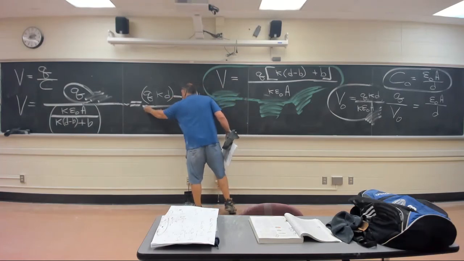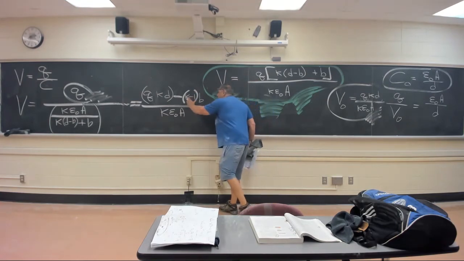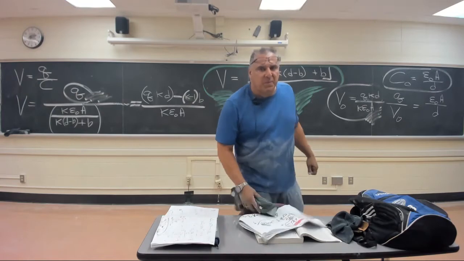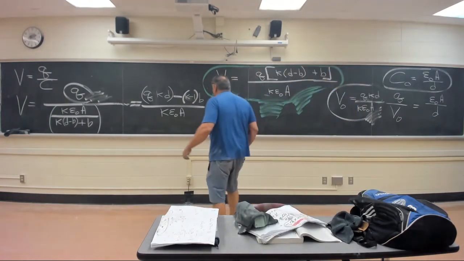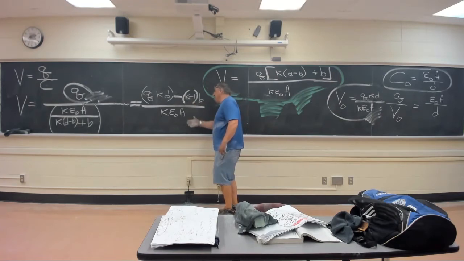Let's get it straight. Kappa is bigger than 1. Kappa is always bigger than 1 for our considerations here. If kappa is always bigger than 1, then something always bigger than 1, minus 1, is always positive. Always positive times B is always a positive answer.